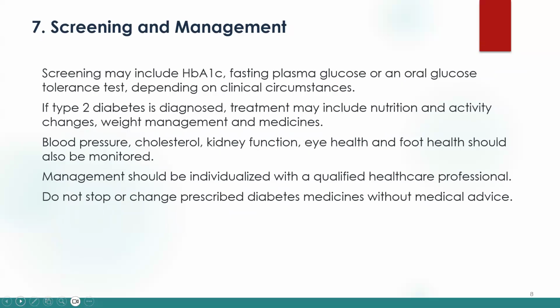Fasting plasma glucose: if it is more than 126 mg per dl, as per the WHO reference value, that individual is suffering from diabetes. HbA1c, that is the glycated hemoglobin level: if it is more than 6.4%, then the individual is also suffering from diabetes.